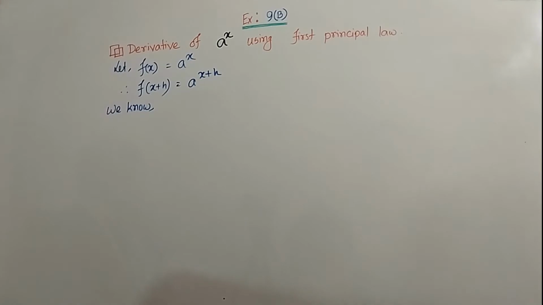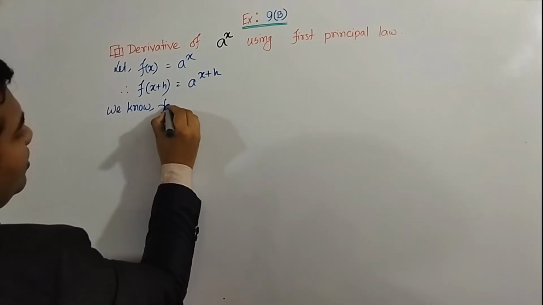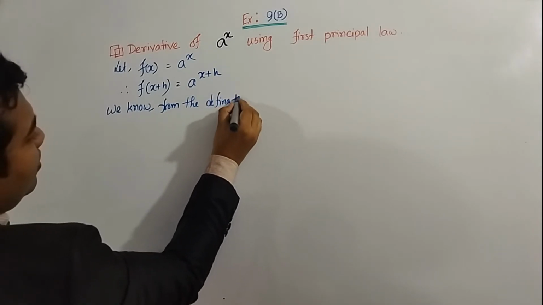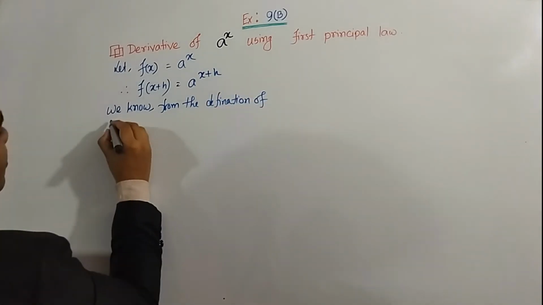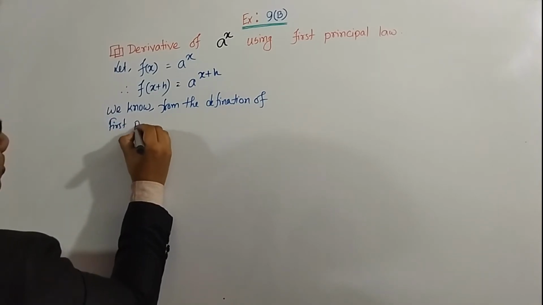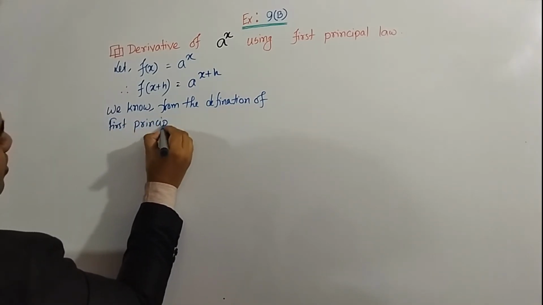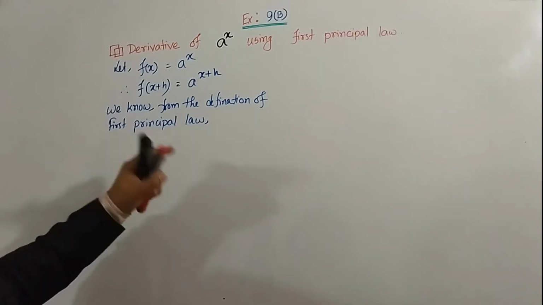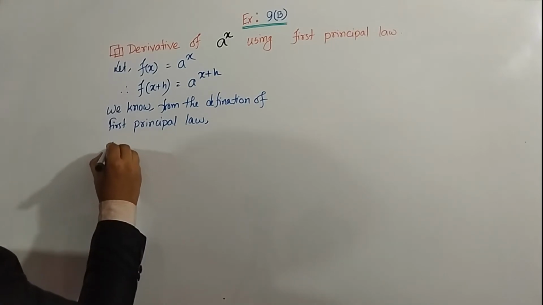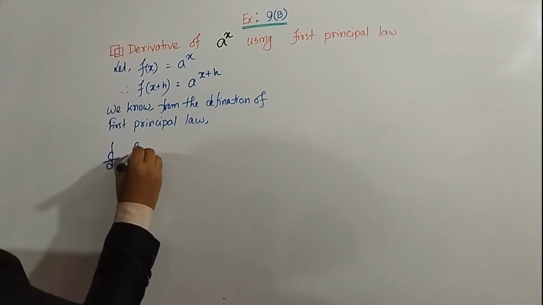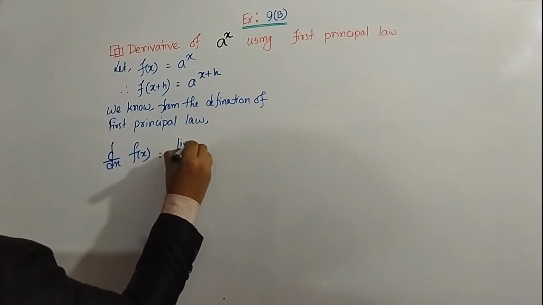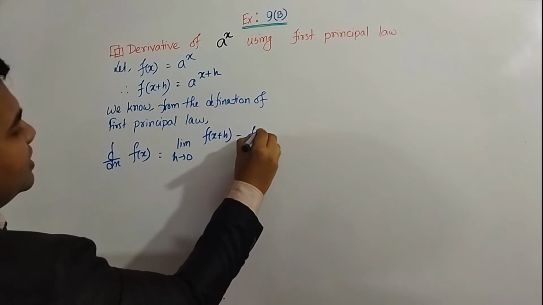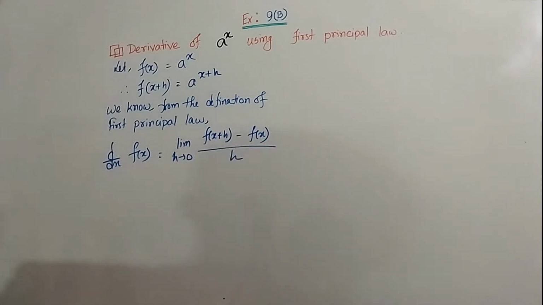What we know from the definition of the first principle law is d/dx of f of x equals limit h tends to 0 of f of x plus h minus f of x divided by h.